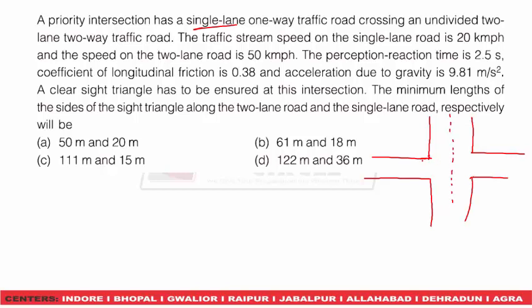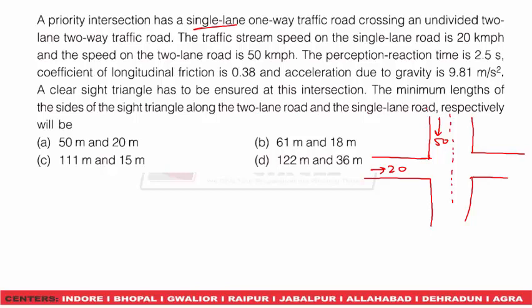The speed at single lane road is 20 and the speed at two-lane road is 50. The perception reaction time is 2.5 seconds, coefficient of longitudinal friction 0.38 and acceleration due to gravity 9.81. A clear sight triangle has to be ensured at this intersection. The minimum lengths of the sides of the sight triangle along the two-lane road and the single lane road respectively will be.